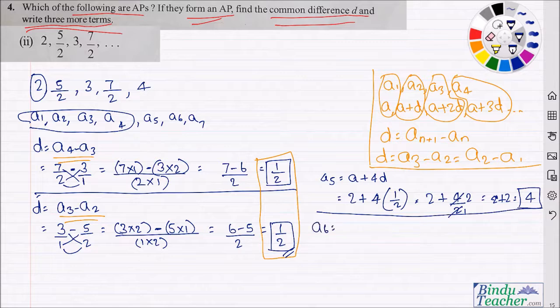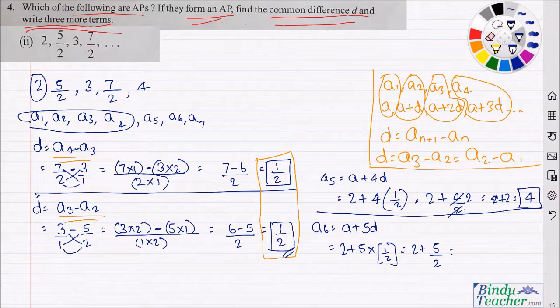The formula for A6 will be A plus 5D, which equals 2 plus 5 into 1 by 2, which equals 2 plus 5 by 2.